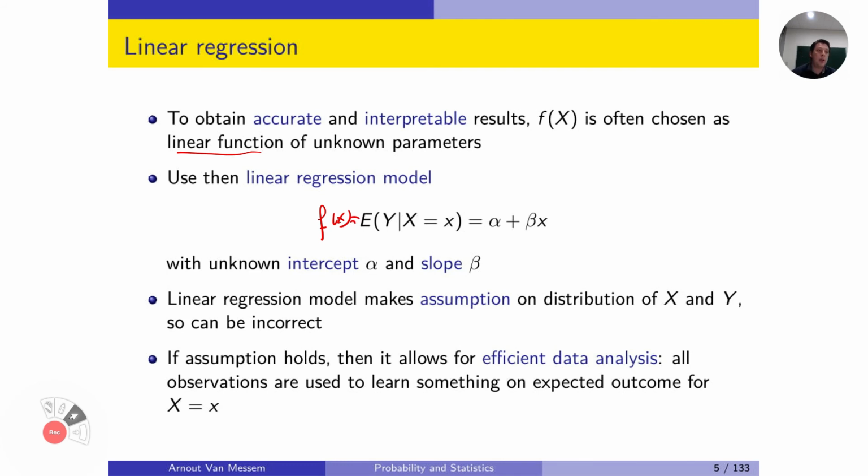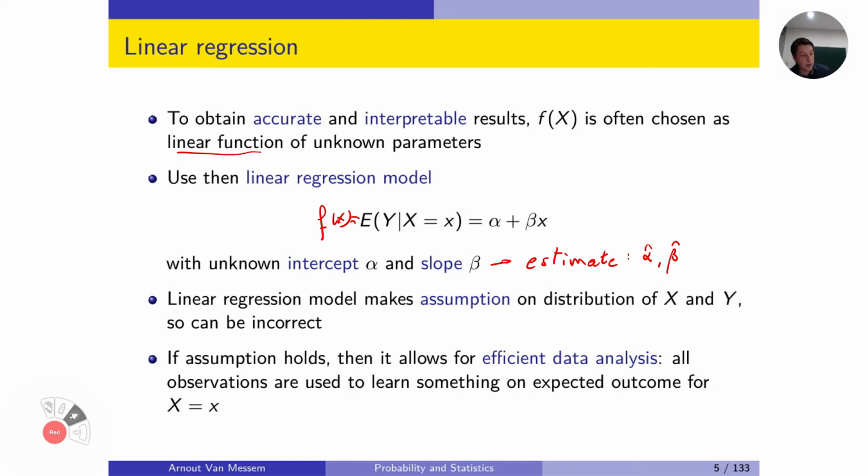Alpha and beta, the intercept and the slope, are unknown, and so we'll have to estimate these using the data, which gives us an alpha hat value and a beta hat value. Of course, we made the assumption of linearity, which we will also have to verify later on. However, if this assumption holds, we get an efficient method.